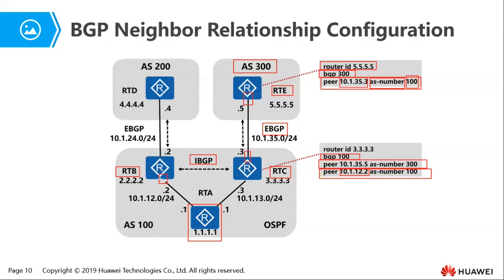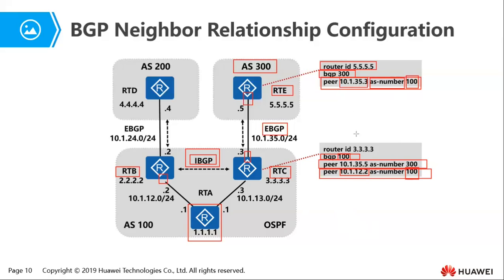So as long as that guy is reachable, then we can establish a neighbor relationship. Now, when the AS number is the same as the AS that I'm in, so when the AS number matches, what neighbor relationship do we establish? We establish an IBGP neighbor relationship.